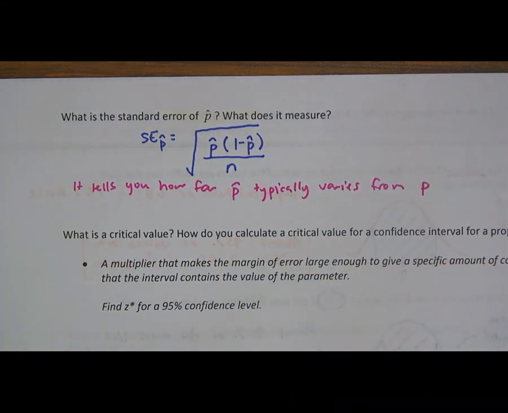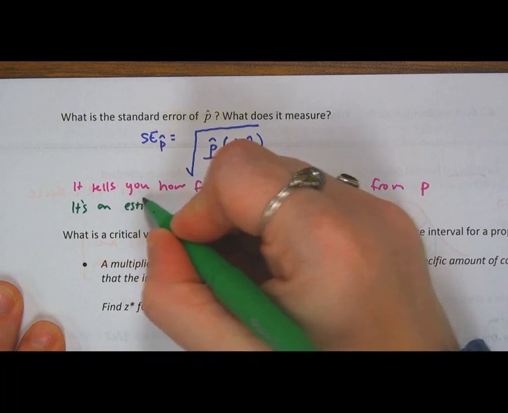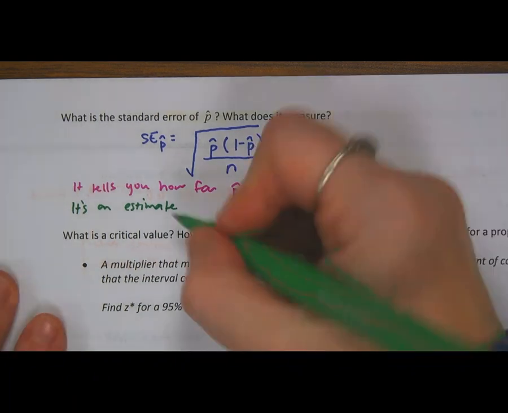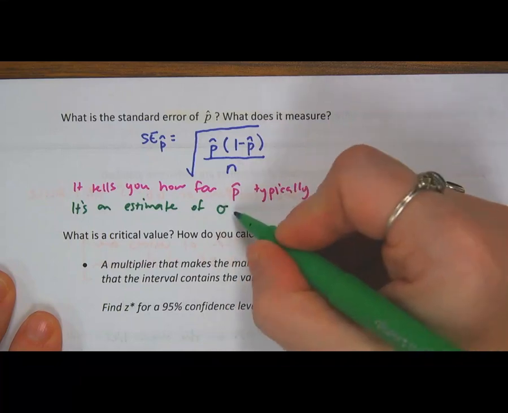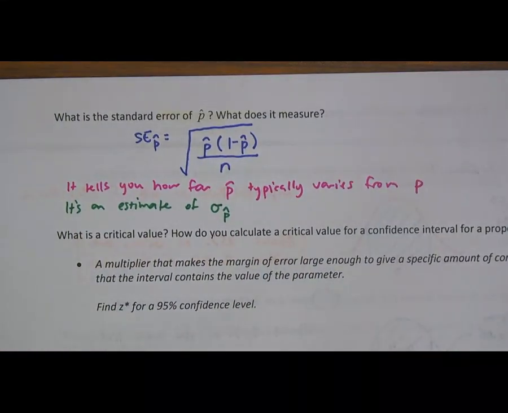And what we're going to write down is what this is measuring and why it is different than the standard deviation. It's an estimate, and it says this actually on your formula chart down there in the fine print. That standard error is just a measurement of variability. It's an estimate of the standard deviation of the sampling distribution of p-hat.